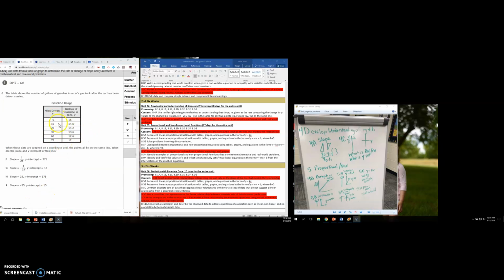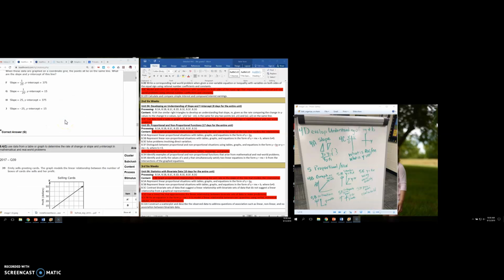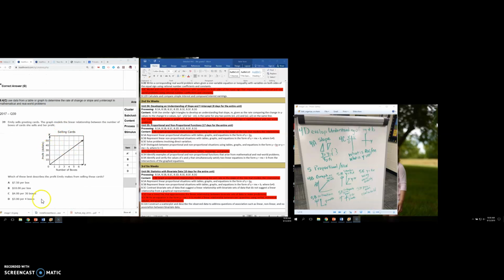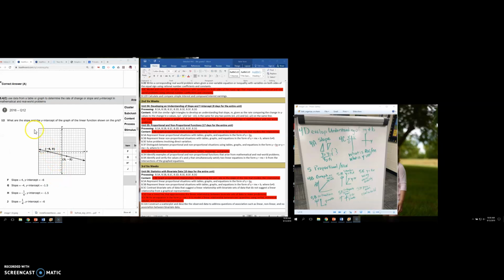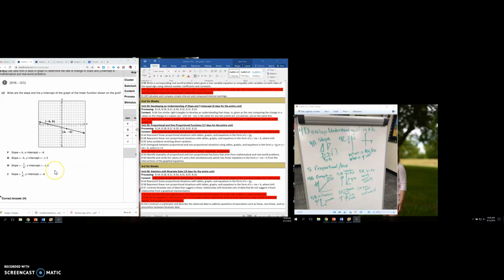So you're always going to be given a graph or a table. Here is a graph. And then which one best helps here. And this is lastly a question where you're given 2 points. Ask what the slope and the y-intercept is.